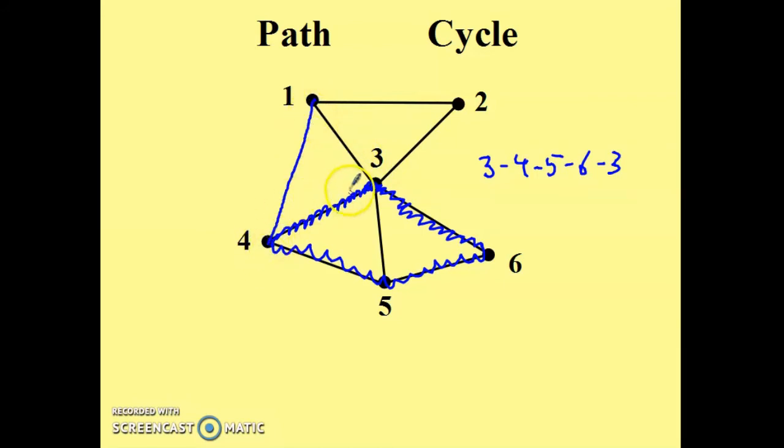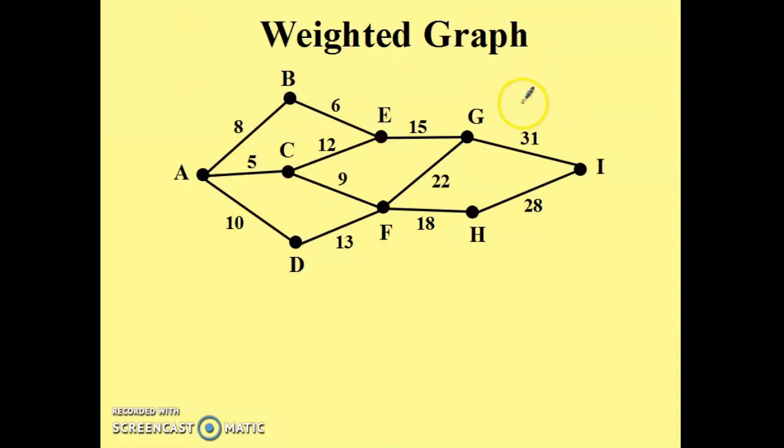If there was an edge from one to four, then we could start right at one to four, five, six, back to three, up to two, back to one. Ignore this one. But yeah, that would make a cycle possible. All right, so path, cycle, circuit, know those definitions.